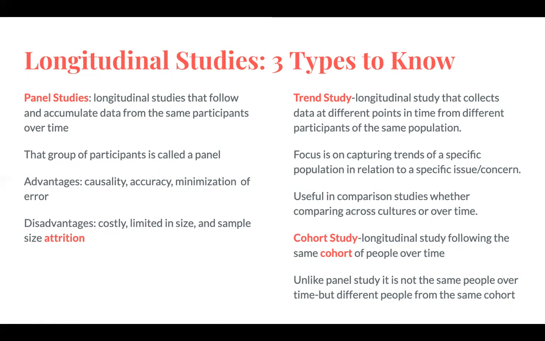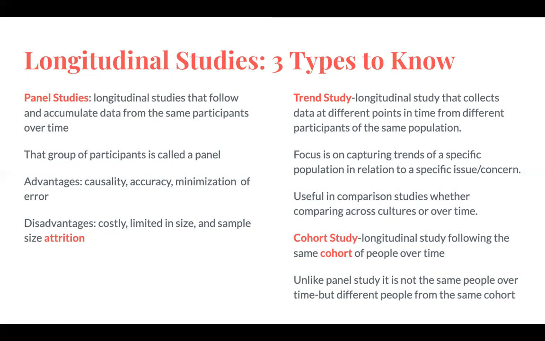So I would be making conclusions not about those people, but about the population, any trends I might notice over time. And your book notes that this is a very useful way of setting up your study if you want to do a comparison study, whether you want to compare across cultures or, in my fake example, compare over time.